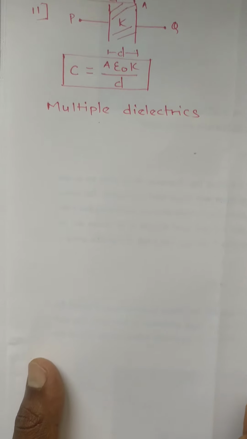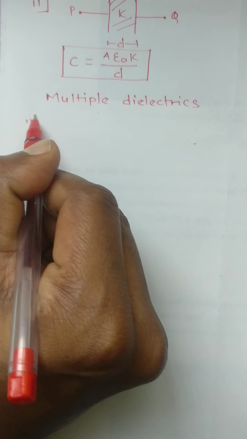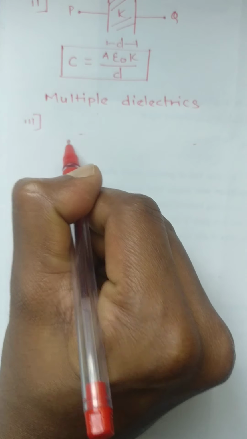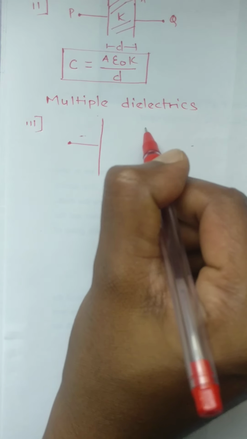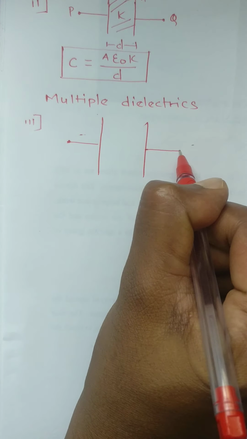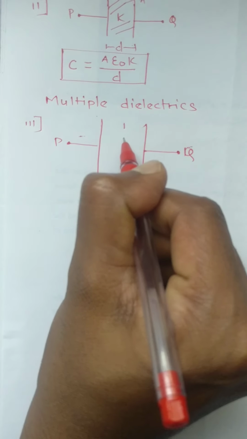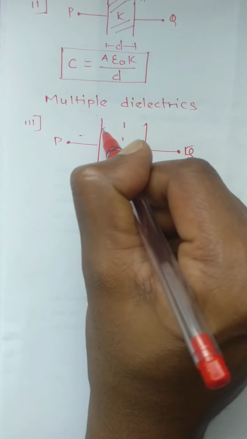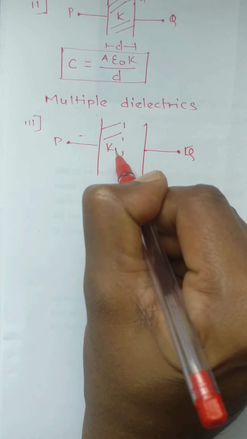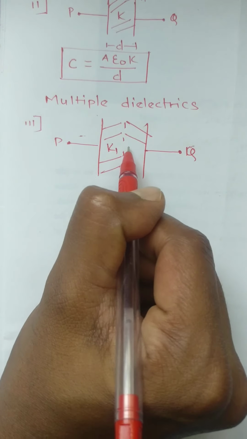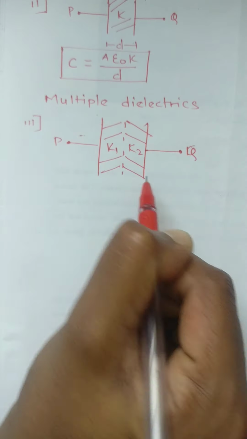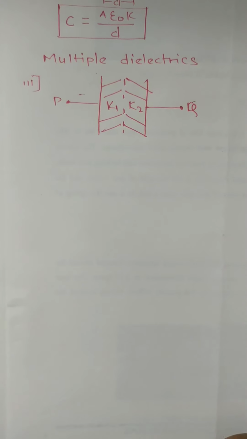So the same capacitor we are going to consider, with points P and Q. We introduce two different dielectrics: the first with dielectric constant K1 and the second with dielectric constant K2. This problem we might find difficult to solve, but let us consider it a very simple point.